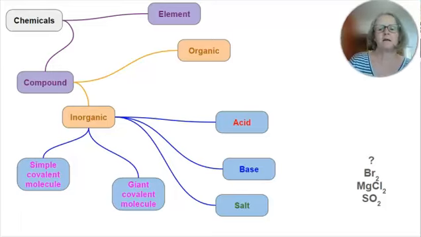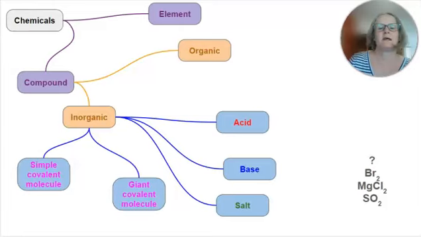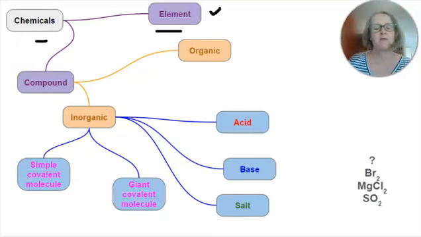So hopefully what you worked out is that bromine, we start at the top here as a chemical, bromine contains only Br atoms. So that's just one chemical element. So that means it must be an element. So bromine fits here. And it's one of those elements where two things are joined together, but those things are the same atom. Magnesium chloride.